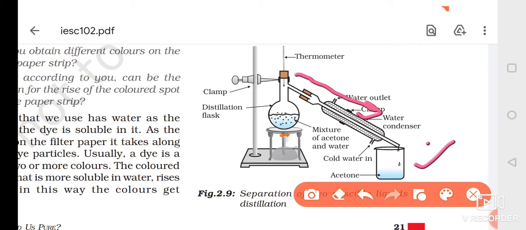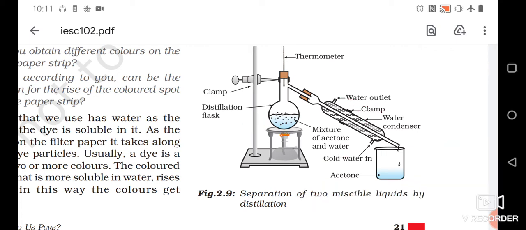So it is a very simple process. This is how you can separate the mixture of acetone and water. Acetone's boiling point is lower, so acetone will form vapors early, and the vapors will then be condensed and collected in a beaker. The remaining liquid in my flask will be water. That is how I can separate two miscible liquids.